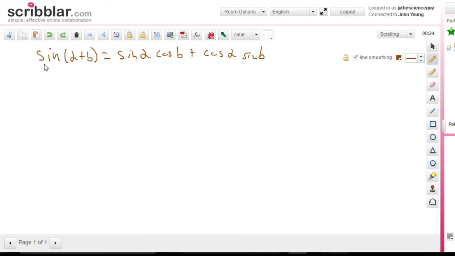So again, I'm going to change the plus beta to minus a -beta, because those two things are exactly the same. So I'm going to rewrite this as the sine of alpha minus a -beta.